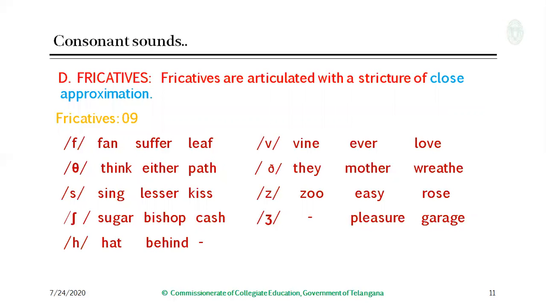Fricatives are 9 in number. For example, fa, ta, sa, sha, ha, va, da, za, ja.